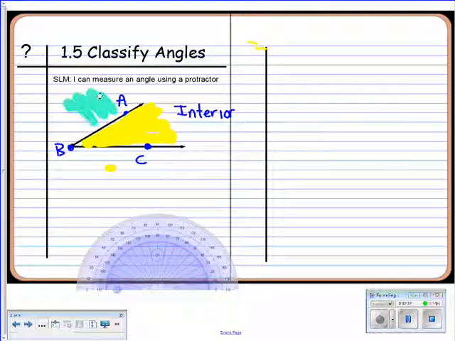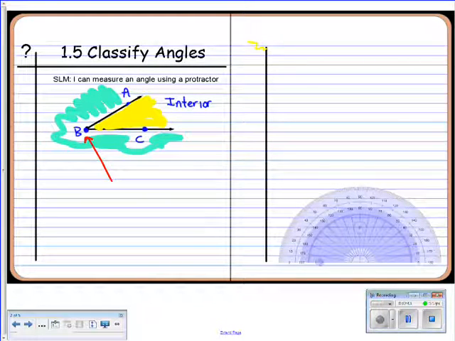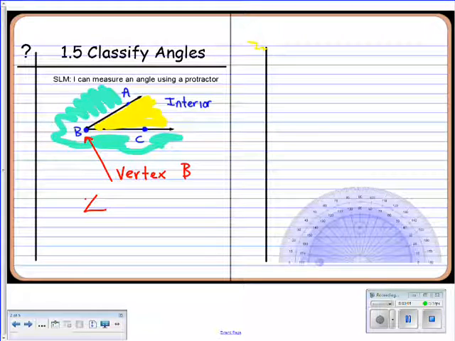And of course, that leads us to all the stuff on the outside is called the exterior part of the angle, okay? Now, this point right here where the B's at, that's called the vertex. The vertex is where the two rays that make up the angle start from. That's vertex B. Whenever we were to name this angle up here, we would draw like an angle mark.